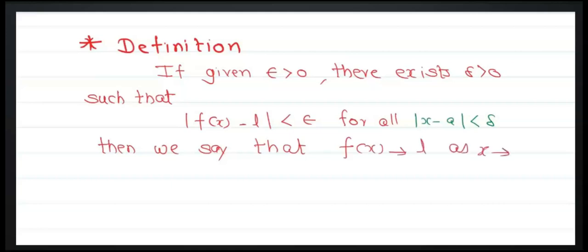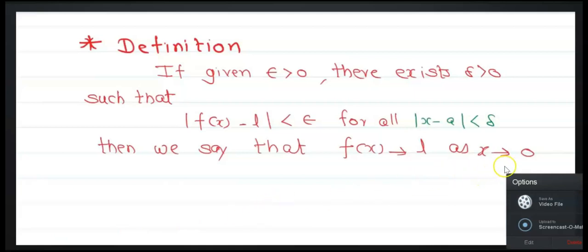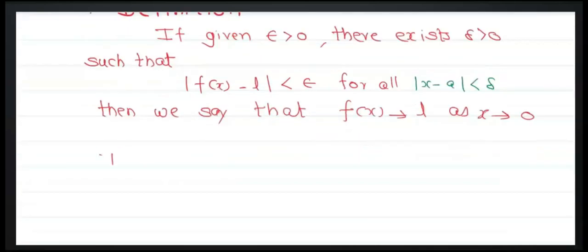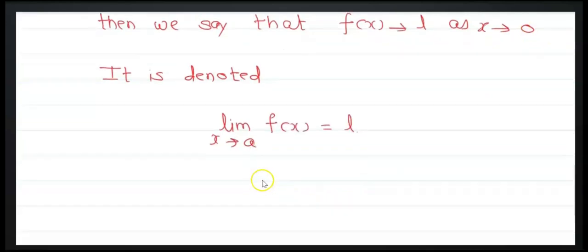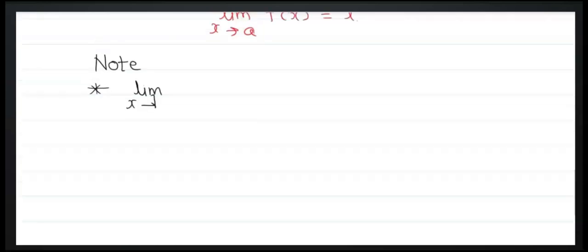Then we say that f of x tends to L as x tends to a. Here x tends to a; by mistake it is written x tends to 0. Now we'll see again here: the limit as x tends to a of f of x is equal to L.